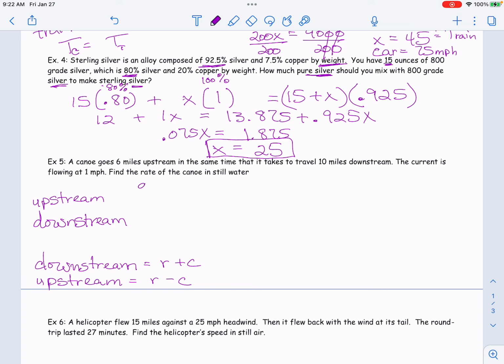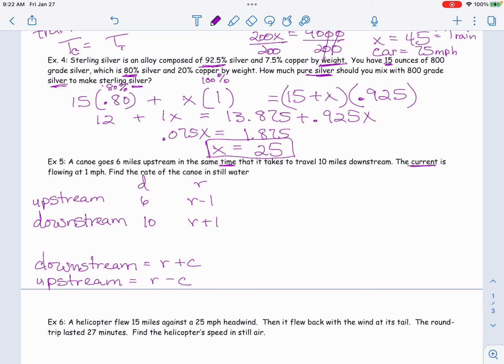So we have the distance, we're going to have the rate. The distance upstream is 6, downstream it's 10, so you can see already that you're faster downstream. The current is flowing at 1 mile per hour. That's your current speed. What you don't know is your rate. So upstream would be R minus 1, and downstream would be R plus 1.